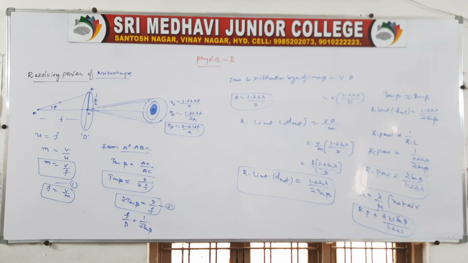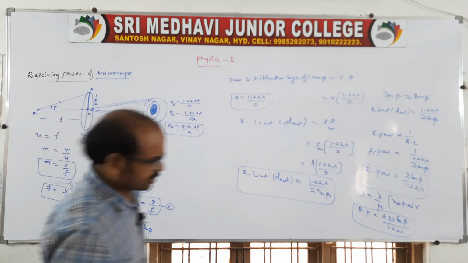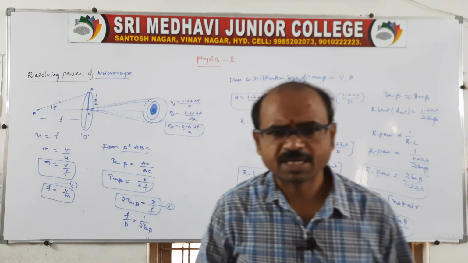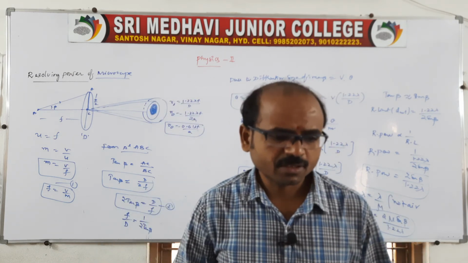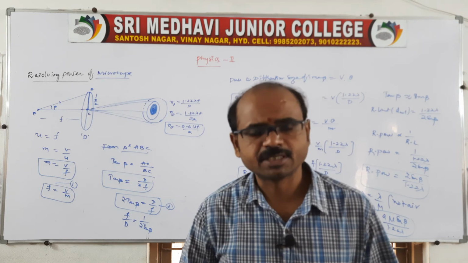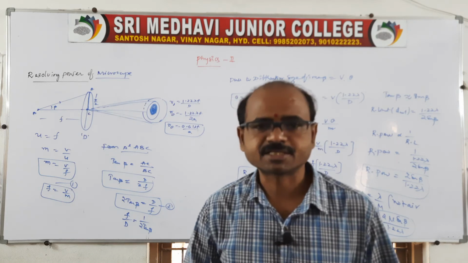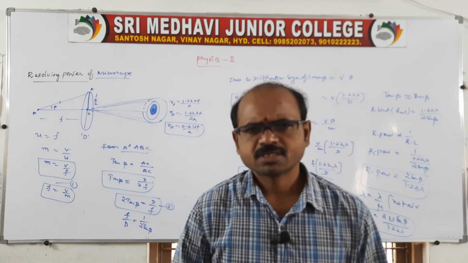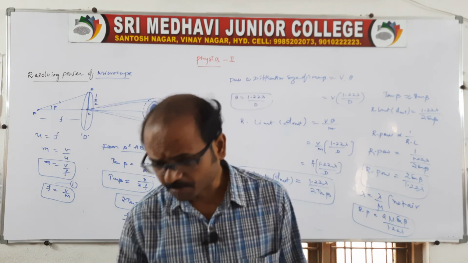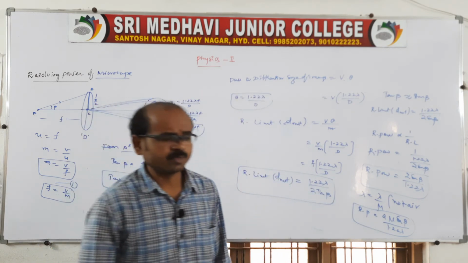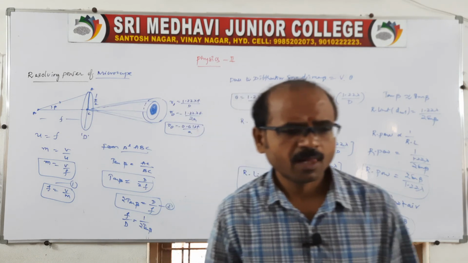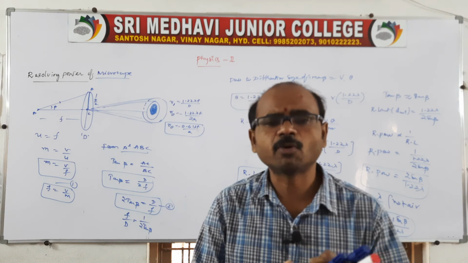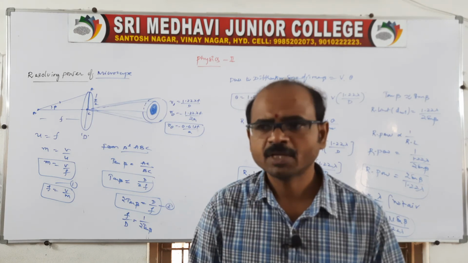Coming to the point, let us see another one, that is polarization. Of course, this year the polarization concept is deleted, in 2020 it is deleted. Then also I will explain you about polarization. Very simple. See, in this chapter we discussed interference and diffraction, as well as we should know about polarization, because light should obey these properties.